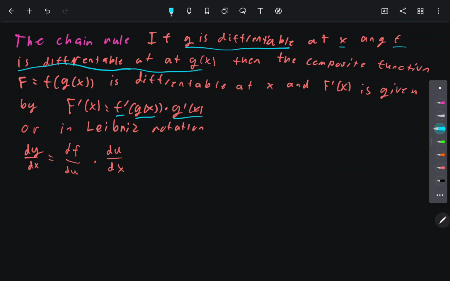Alright. And if you want to see that in Leibniz notation, it goes dy/dx is equal to the derivative of f with respect to u times the derivative of u with respect to x.